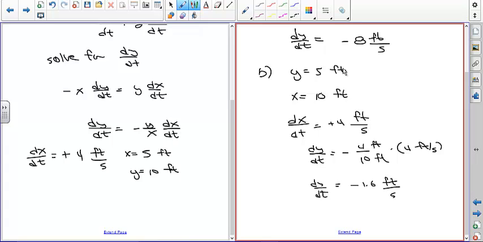And if you look at the last question, what can you say about the length of her shadow and its rate of change shortly after the ranger leaves the light? Well, what will happen there is, x is small and y is very big, and so it's big.